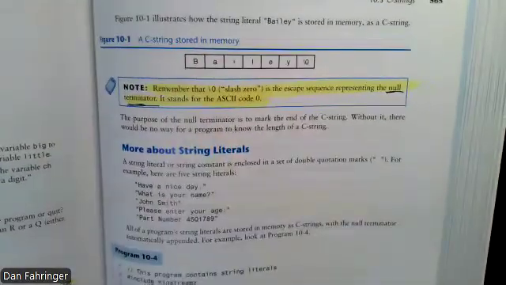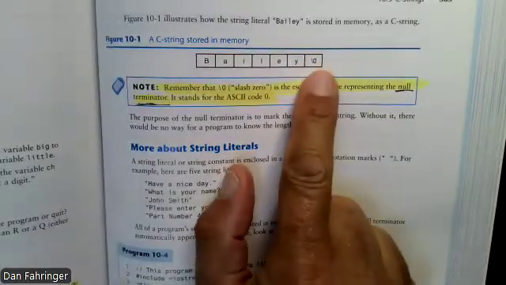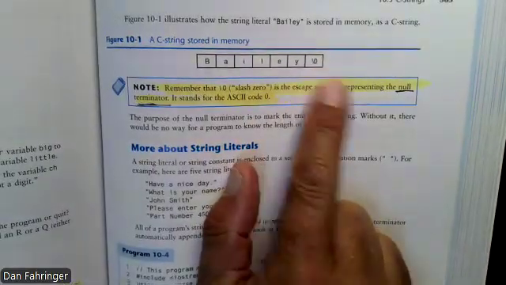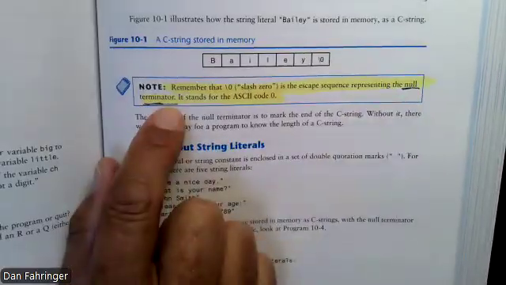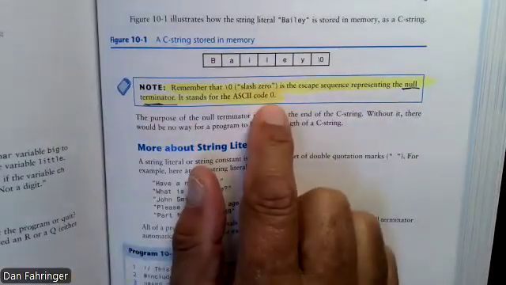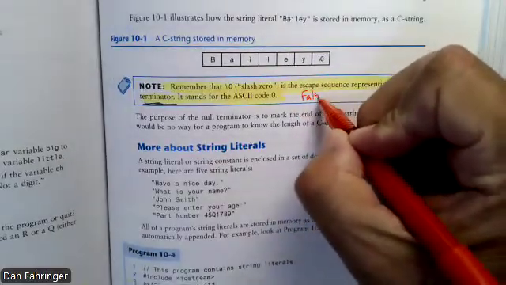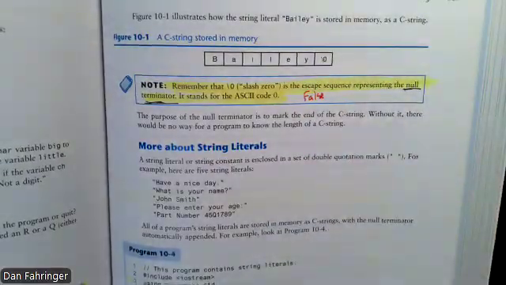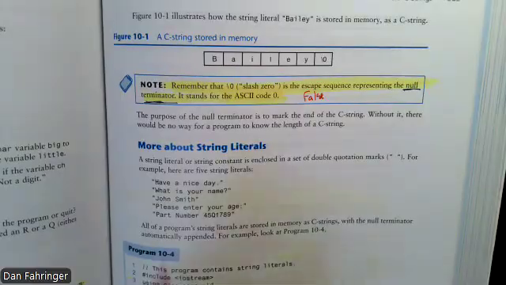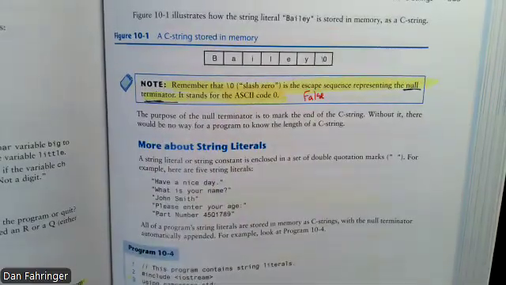And you saw it represented. Hopefully, you watched the video. It's terminated by this \0. It's called the null terminator. It's ASCII code 0. It's false when we come to Boolean. All of these things are the same.